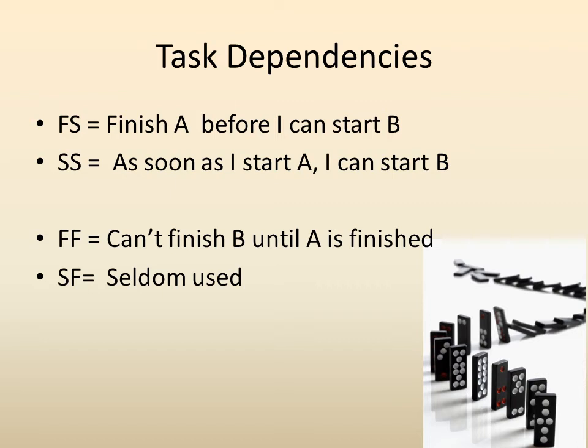And another type of dependency is a start to start. As soon as I start doing one thing, I can go ahead and start another thing as well. Those are the two most often used types of dependencies.